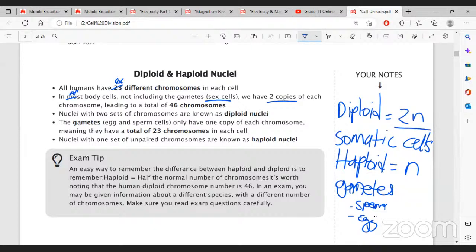That is 2n. That means 23 and 23, which they basically just refer to as 46 chromosomes. That is why I want to put it there as 46. And the nuclei with 2 sets of chromosomes are referred to as diploid nuclei. And then the gametes are referred to as haploid nuclei because they only have a total of 23, which is a half.